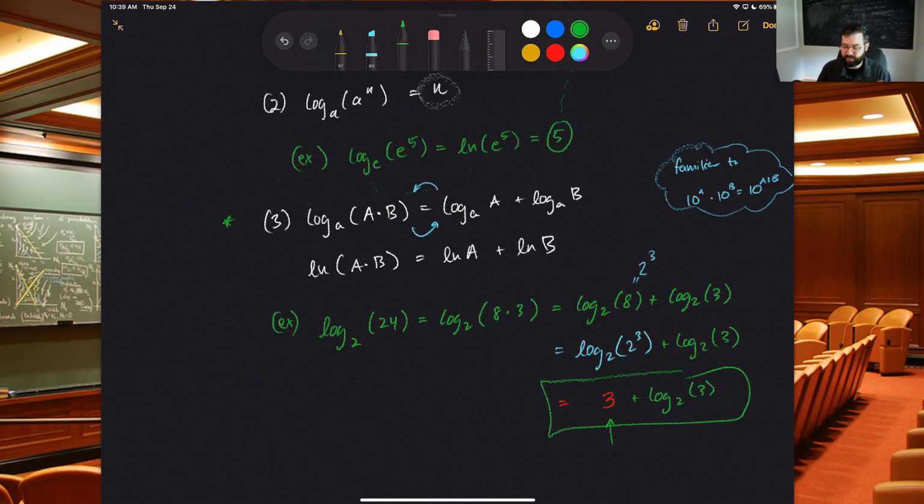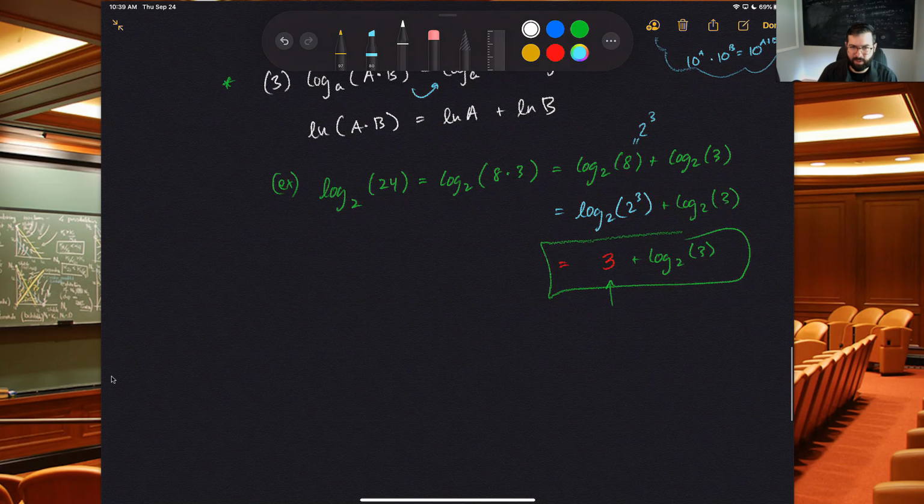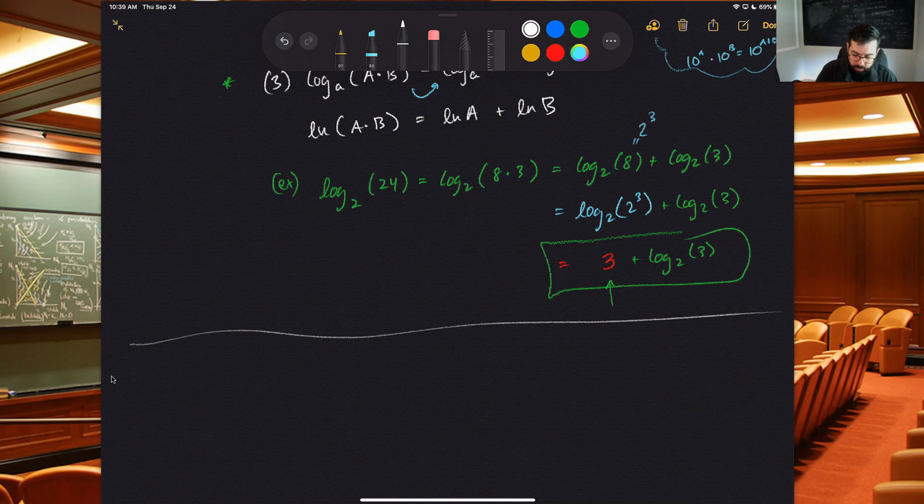So really I'm looking at something that's probably a little bit bigger than 4, like 4.1 or something like that. So this helps me get an idea of where I'm at. So there's lots of different reasons why we'd care about this. And again, we're not using log tables like they did in the old days, but it helps to just have a sense of where we're at, right? What we call number sense in the biz. So this also works with natural log, and I'll do an example there.